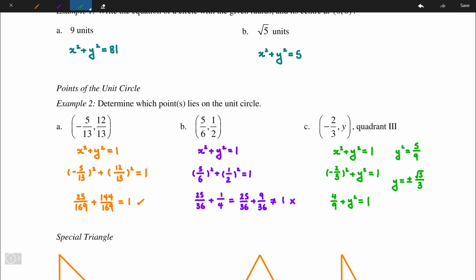And since the point is in quadrant 3, we'll only keep the negative square root. So this will be negative root 5 over 3. That's because this is supposed to be in quadrant 3, where both x and y are supposed to be negative.